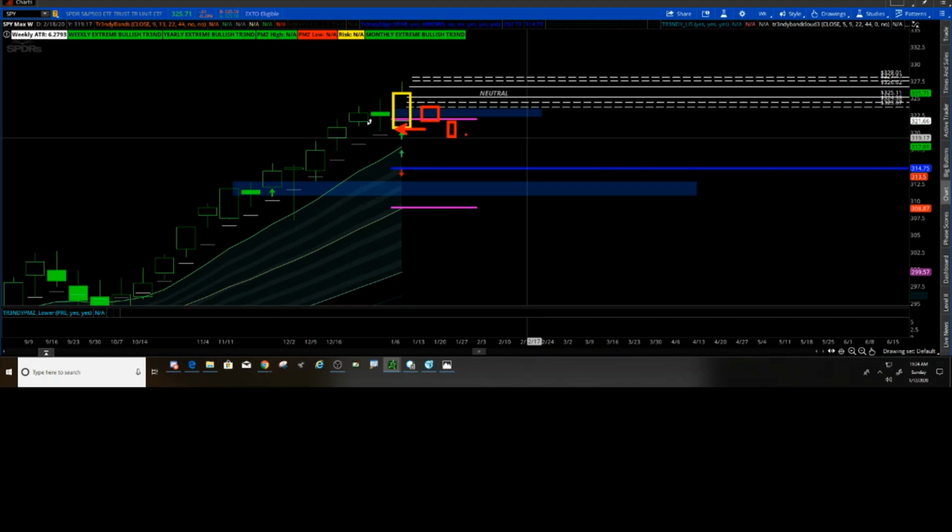Okay. And make sure that on a pop that it rejects again. And then you're looking for that next lower low and continue the short down into the levels we talked about. Okay. Could be these. And you get that nice relief rally out of here. All right. So this is what I'm looking at on a weekly basis.